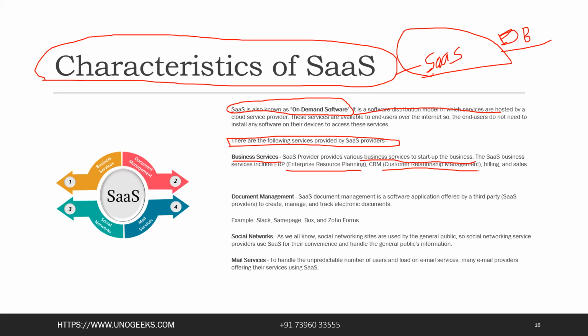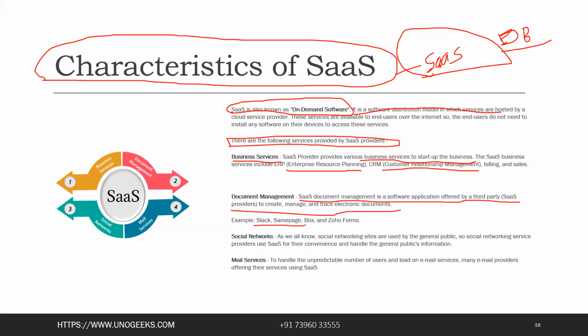If I want to explain the major characteristics, like web-based access, and a subscription-based pricing model will be defined. Again, here automatic updates and patch management, everything is taken care of by the cloud service providers. And scalability, again here you can do scalability, and here you can see the documentation management and everything is taken care of by SaaS.